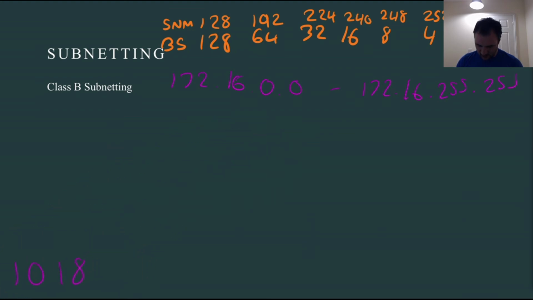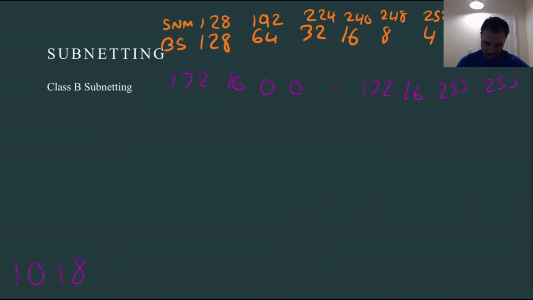That's our target network. I want networks with 1018 hosts. I've got a building that are all going to have exactly the same, for example. With this, we have to know that a class C network will increment in 256 times.